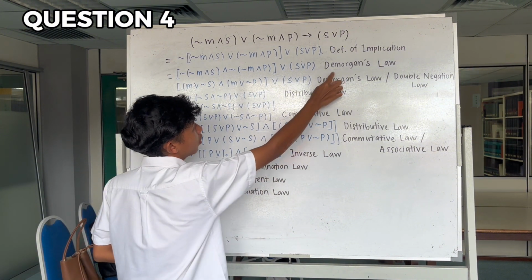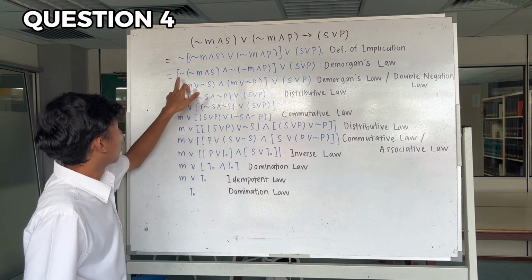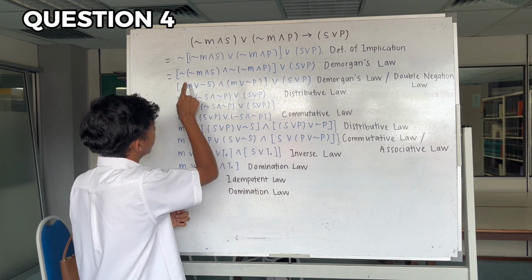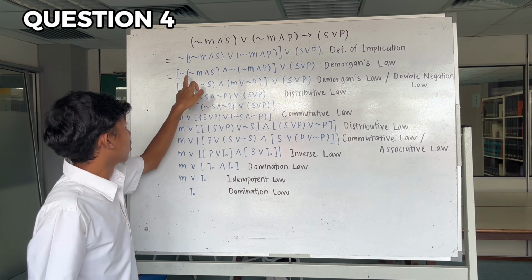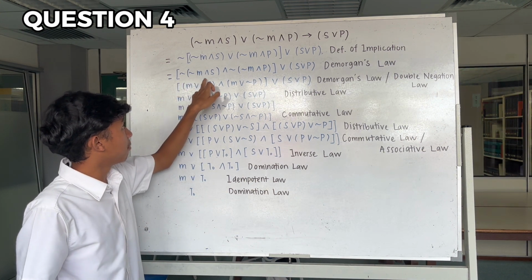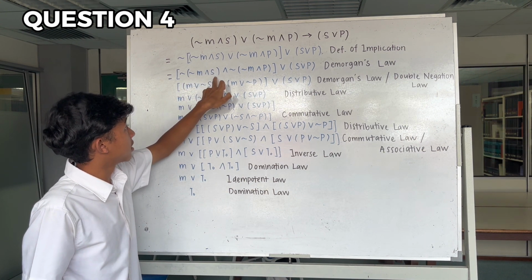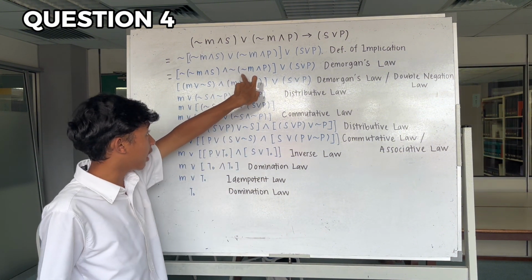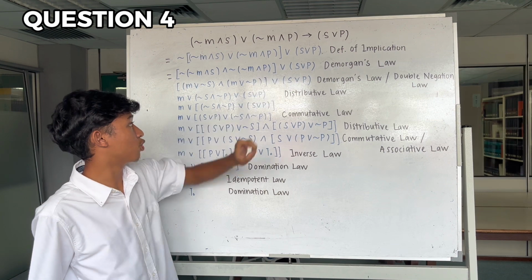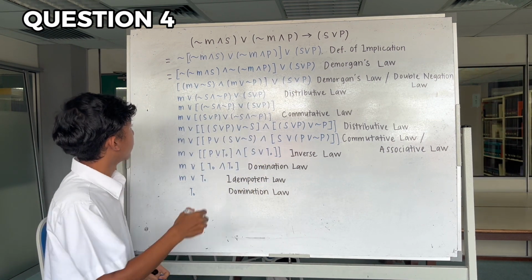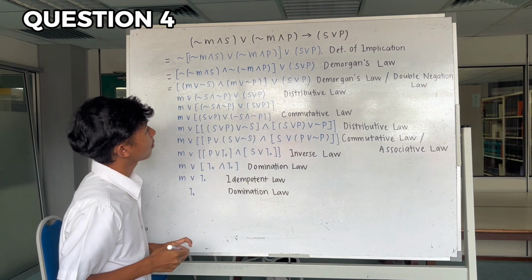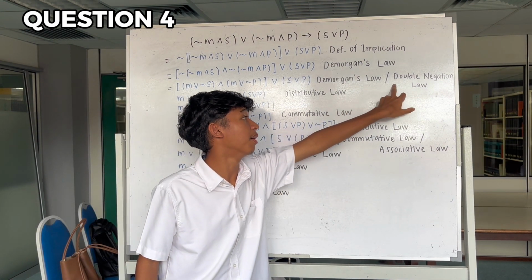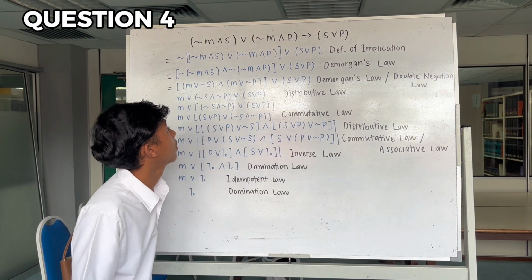So next, we use De Morgan's law, where we multiply this one and we get negate, open bracket, negate M and S, and negate, open bracket, negate M and P, close bracket. And then we use De Morgan's law and double negation law.